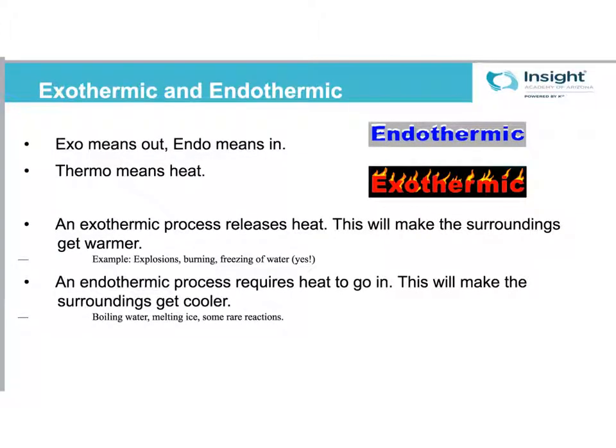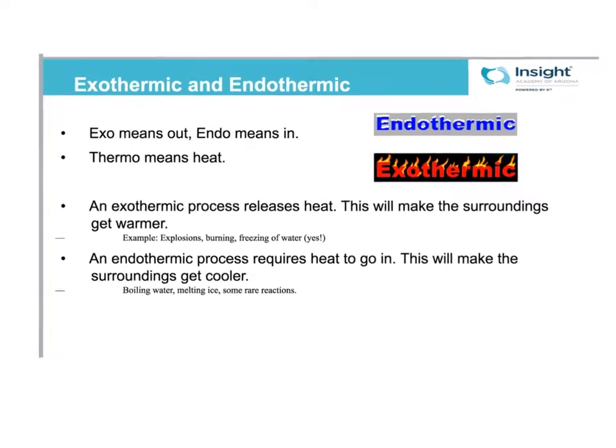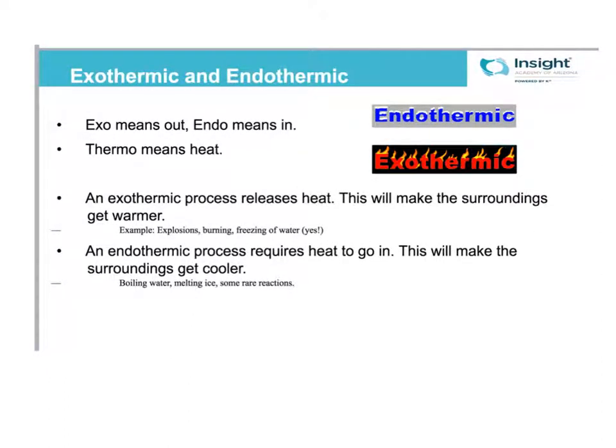But what I really want to focus on with you is this idea of exothermic and endothermic changes. These can happen with chemical reactions, but they can also happen when you change state. If something melts or something freezes, we do have a change in thermal energy because temperature is changing. I want to break these words down. The prefixes exo and endo are going to help you remember what these do.